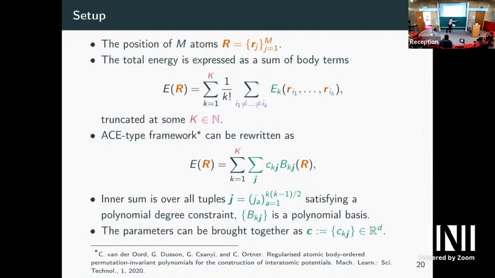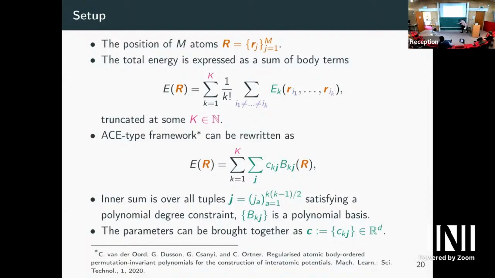It's just a multivariate polynomial. And the underlying idea between all these machine learning potentials, or at least a class of them, is that you go to, say, 7 body terms, you have ever more complicated coordinate transformations, and you go to ever higher polynomial degree.